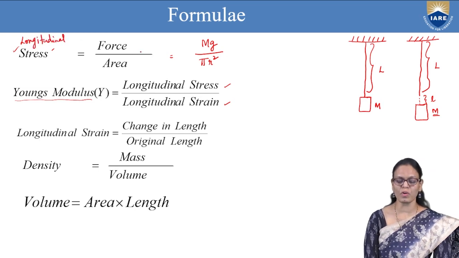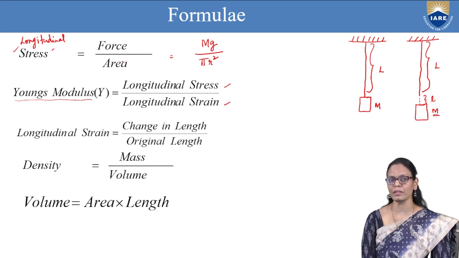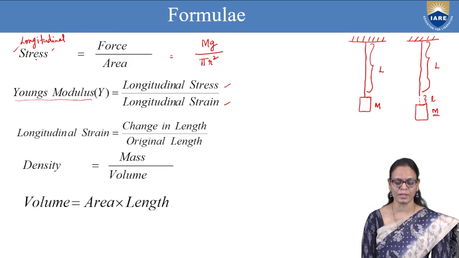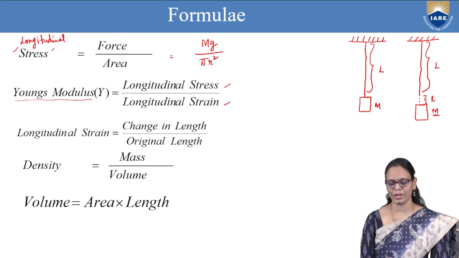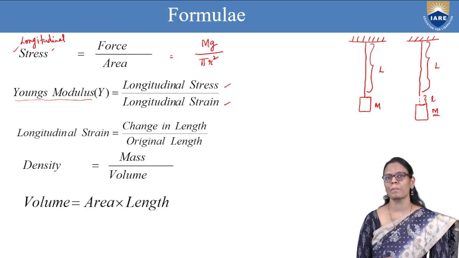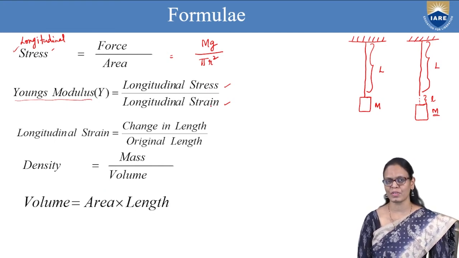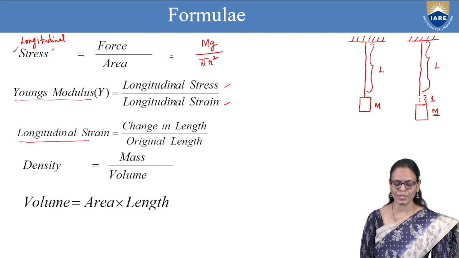Stress is equal to force upon area is a general formula. But here, when we are talking about the string which is stretched lengthwise, the stress acting on it is longitudinal stress, and it is given by force upon area, that is mg upon pi r square. So, Young's modulus is given by longitudinal stress upon longitudinal strain. And how do we get the longitudinal strain?